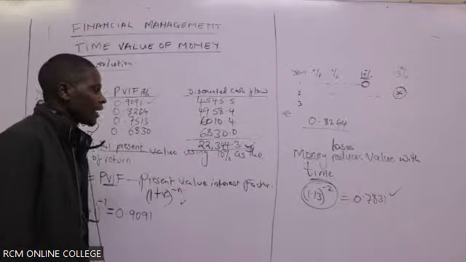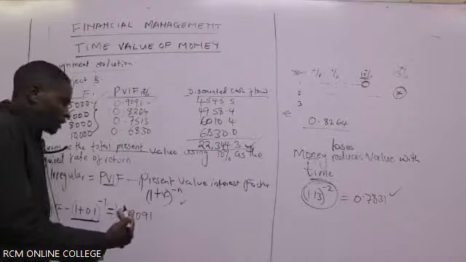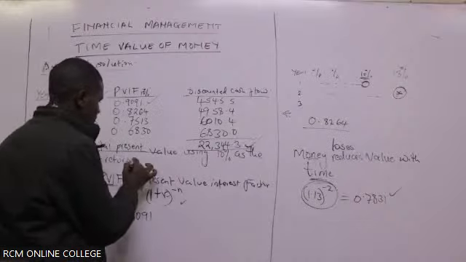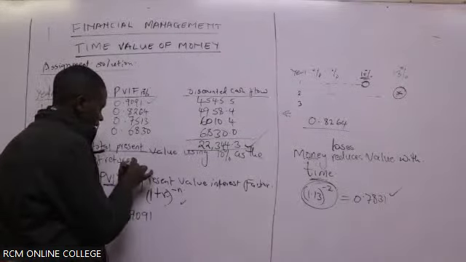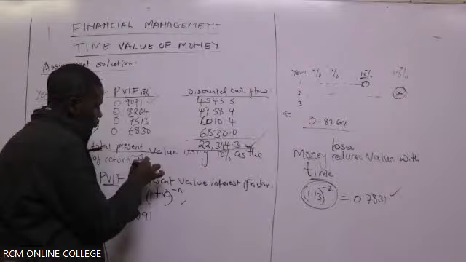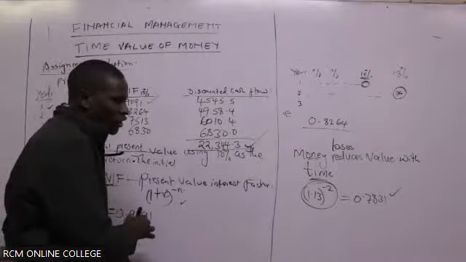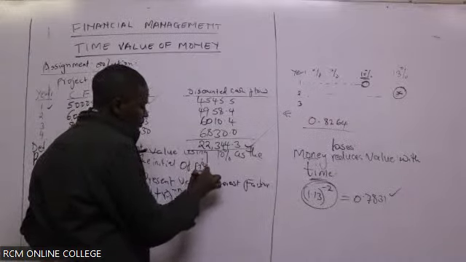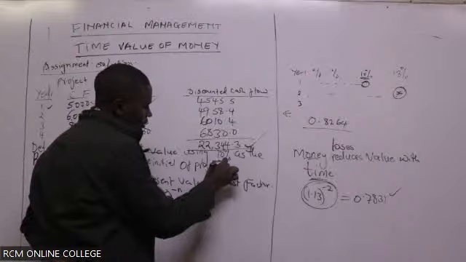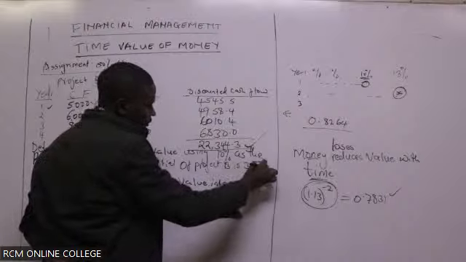Okay, now assume the examiner adds information here and tells you that the initial outlay of project B is 30,000.